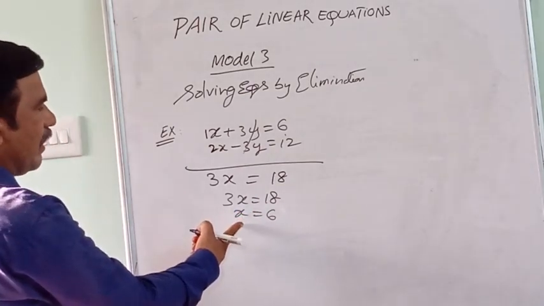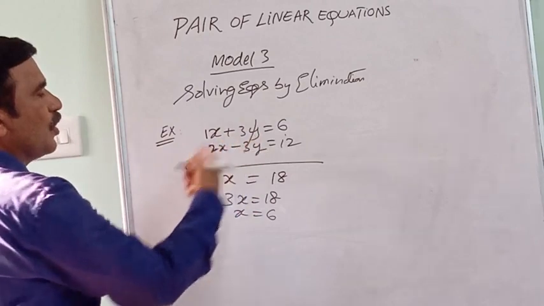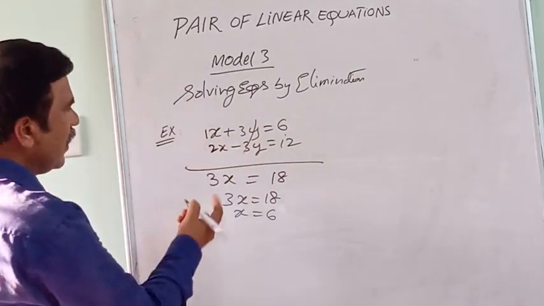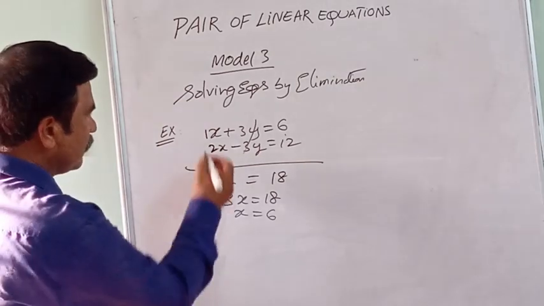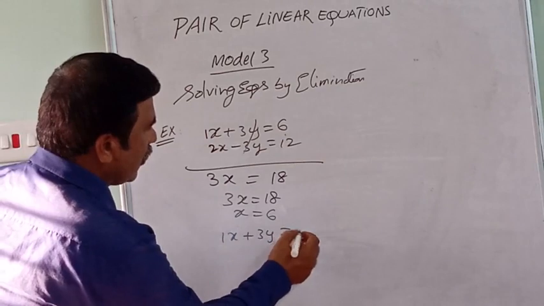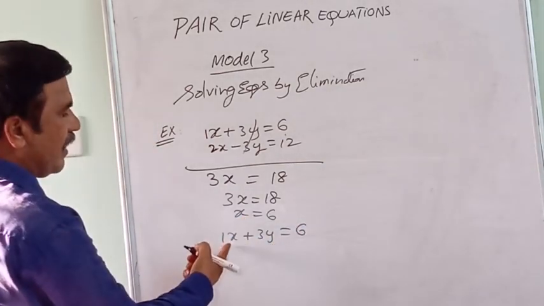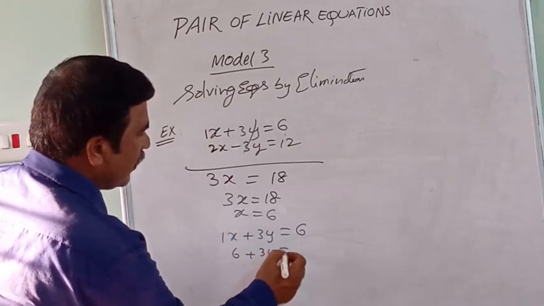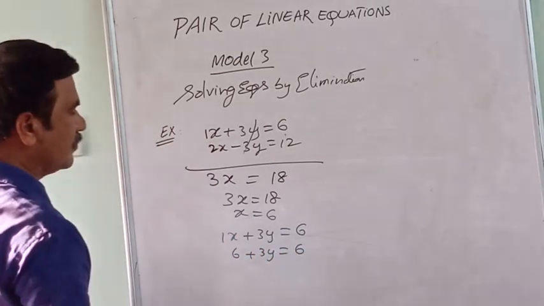Substitute this x value in any one of these two equations. There are two equations, it is your choice. I am substituting in the first. 1x plus 3y is equal to 6. Substituting this x value, 6 plus 3y is equal to 6.